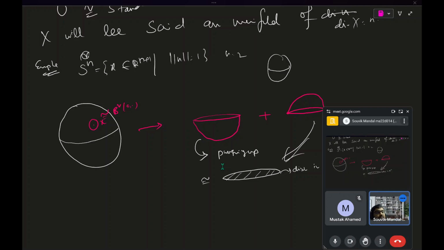Now, of course, if we consider R^n, so of course R^2, R^3, these are manifolds. Okay.